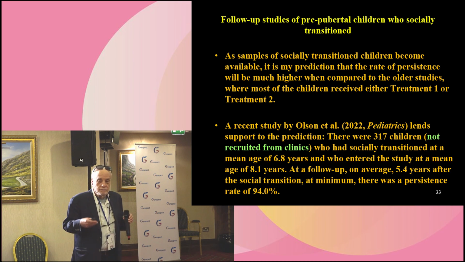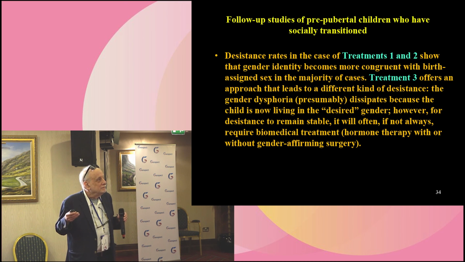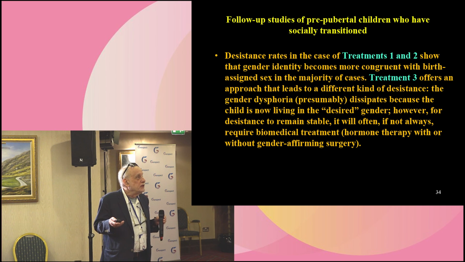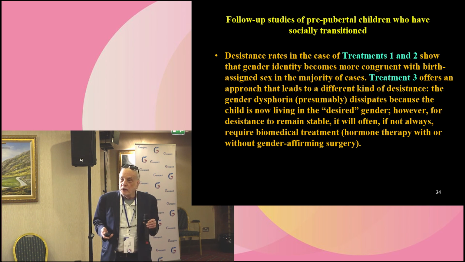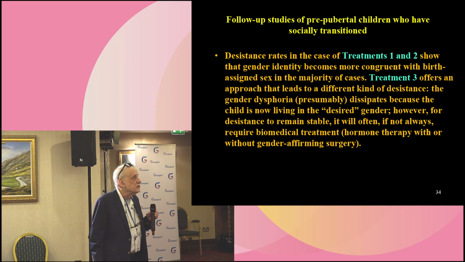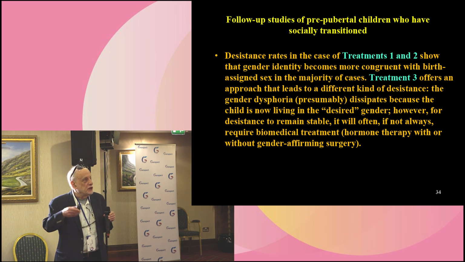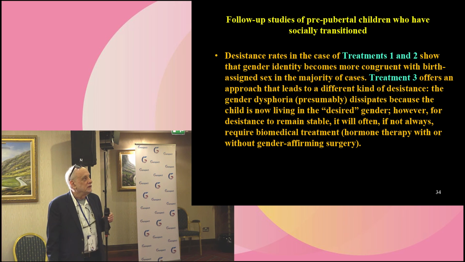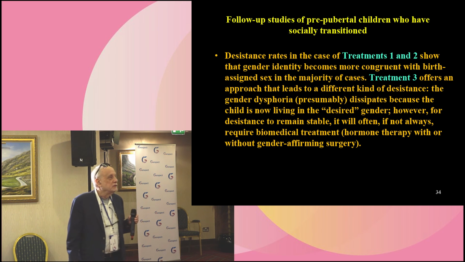Now, in the older follow-up studies, desistance rates show that gender identity becomes more congruent or compatible with birth-assigned sex in the majority of cases. Social transition, as another type of treatment, we could say leads to a different kind of desistance.